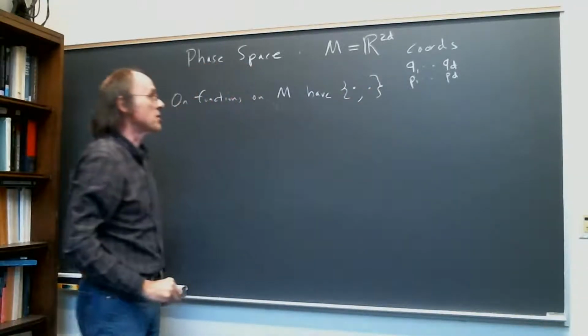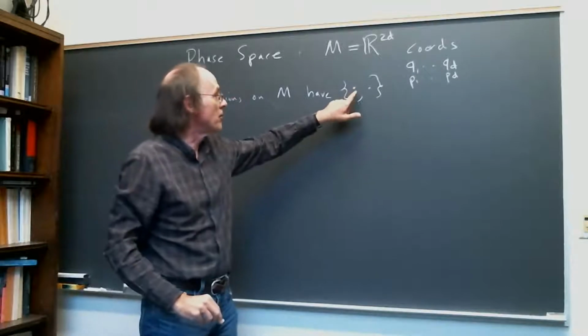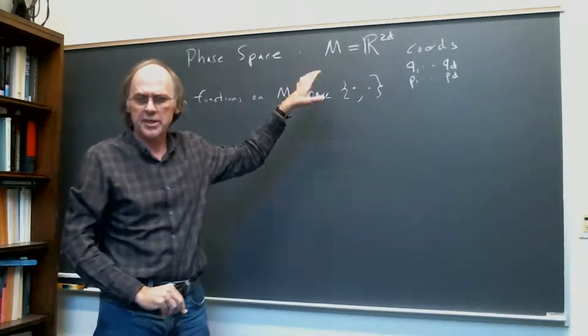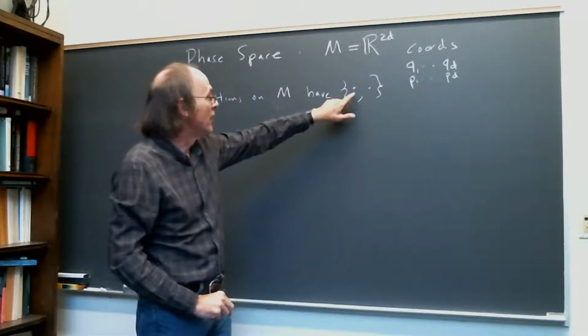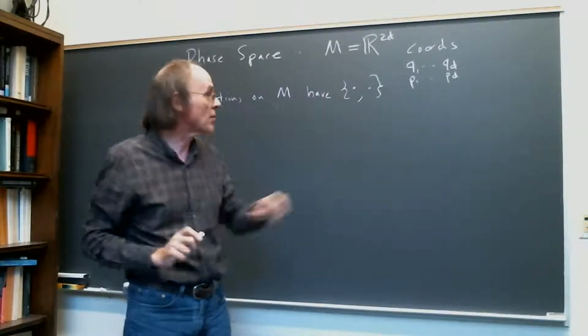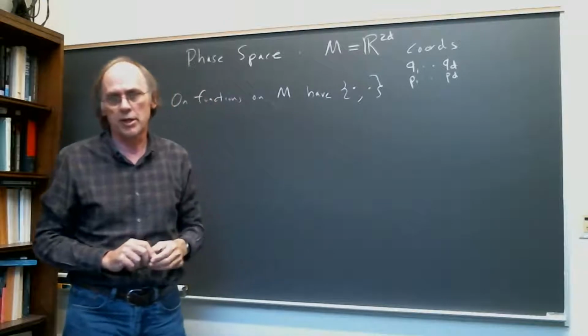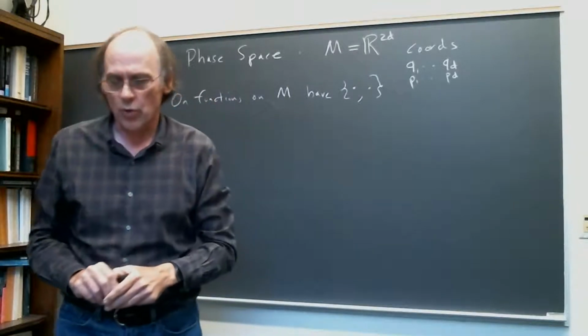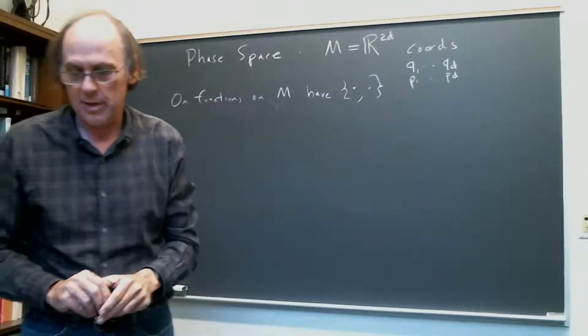This is something that you feed a function here and a function here, and you do some computation, and you get a third function. I won't write down the standard formula again that I wrote down last time.